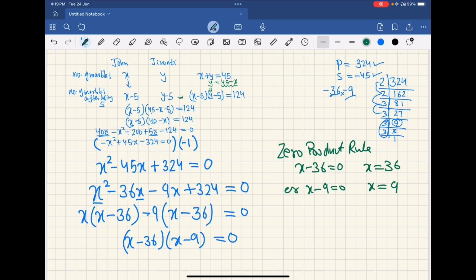So what is x? Number of marbles with John. So we are saying if John has 36 marbles, so I am writing John here, then Jivita should have 45 minus x, which is 9. And if John has 9, then Jivita should have 36. So this is our answer.